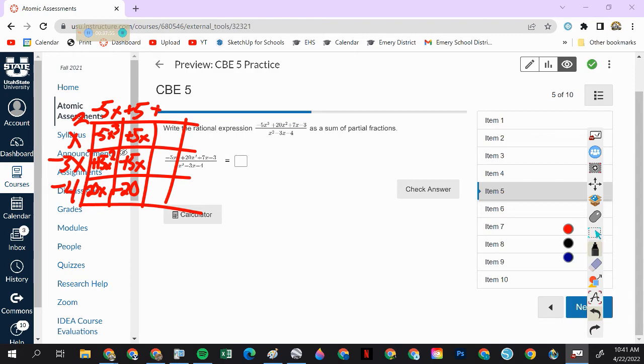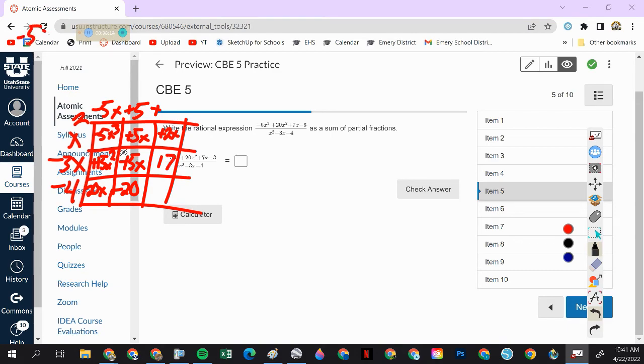So my remainder is going to be 20 minus 15 is 5. I need a 7, so that's plus 2x. And negative 20, I need a negative 3. So I'm going to put a 17.